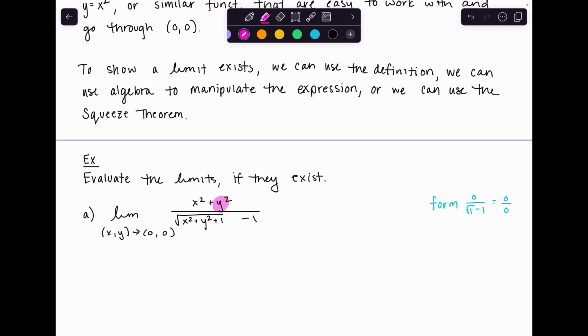And if I consider the other case, if I let y equal 0, same thing, I'm stuck with a square root in the bottom, minus 1. I would have to actually go through the conjugate or L'Hopital's, but that would be messy, to evaluate this. So there's nothing stopping me here. I've got a square root minus 1. Let's go ahead and multiply by the conjugate.